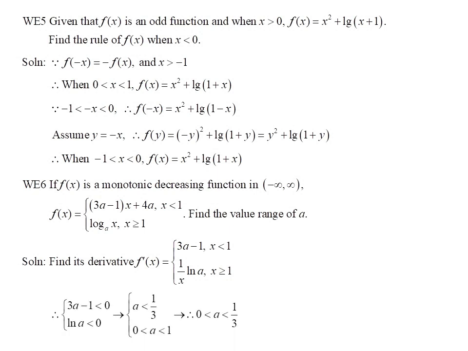Therefore, we have two simultaneous inequalities to satisfy, and one of them is 3a minus 1 is less than 0. The other one is natural logarithm of a is less than 0. After solving these two inequalities, we obtain the value range of a, which is between 0 and 1/3, excluding both endpoints.